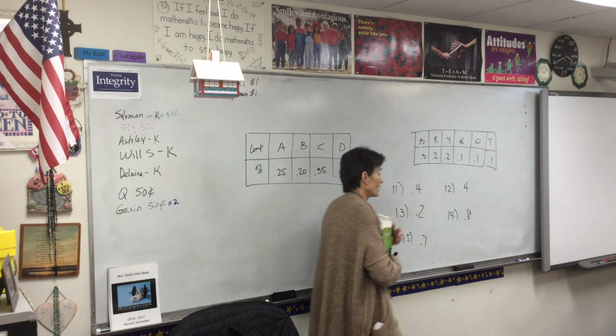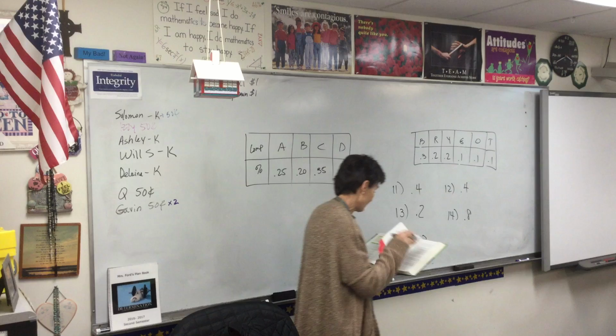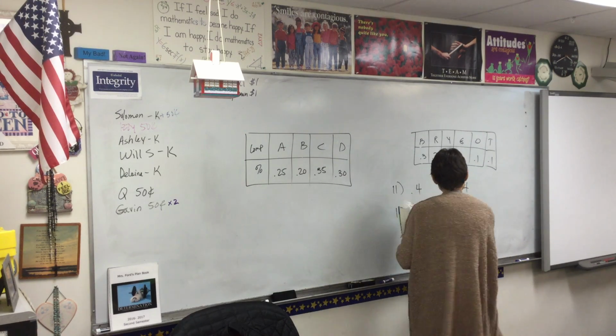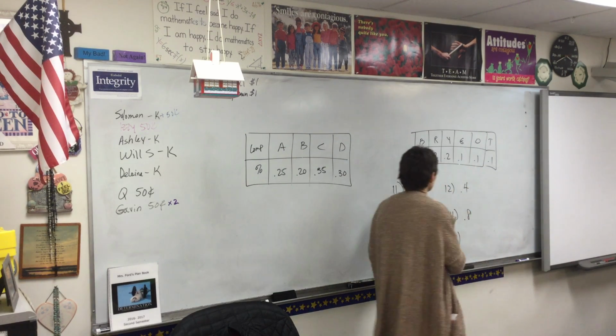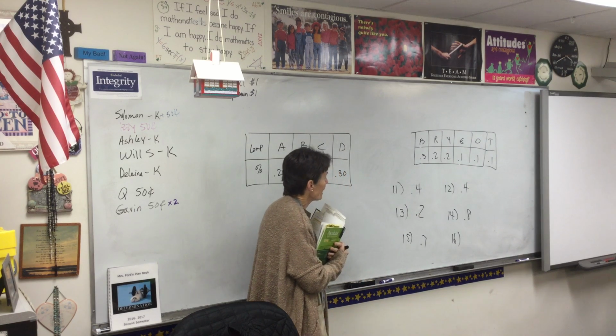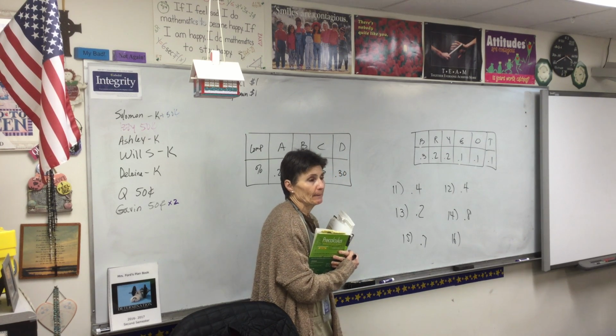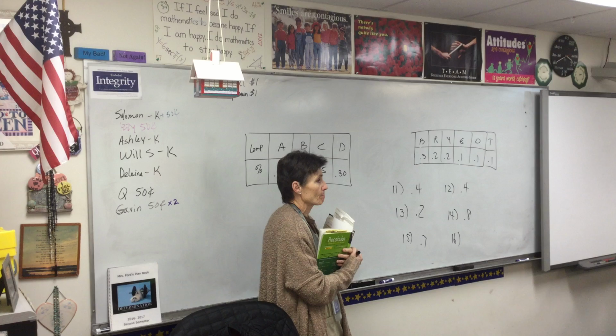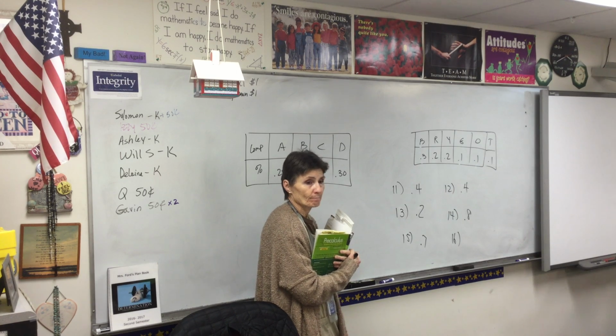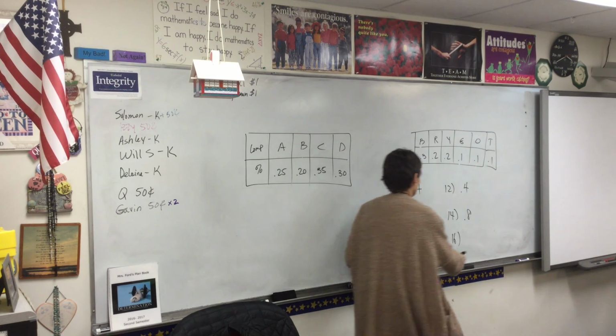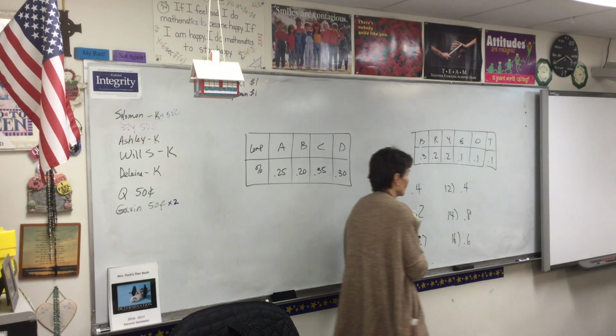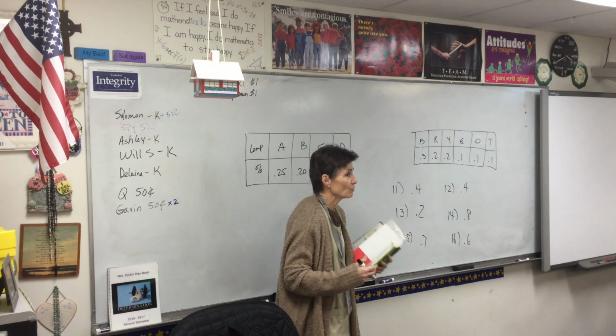So not orange or yellow is the other 0.7. And finally, number 16, neither brown nor tan. Neither brown nor tan. 0.6. Everybody okay with that? Neither brown nor tan?